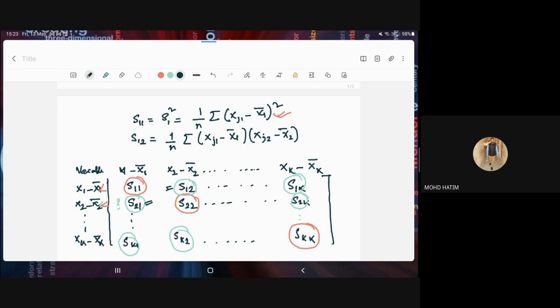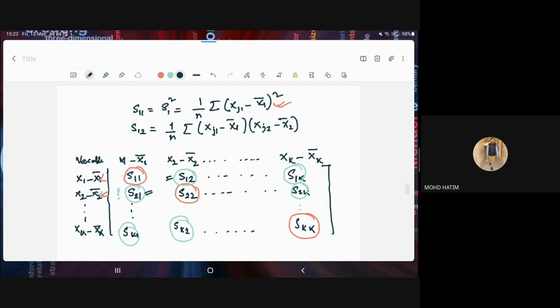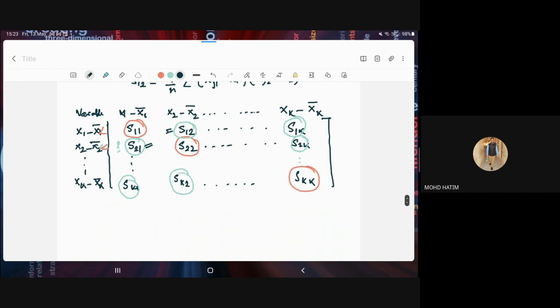And this matrix is known as the covariance matrix, the variance-covariance matrix.